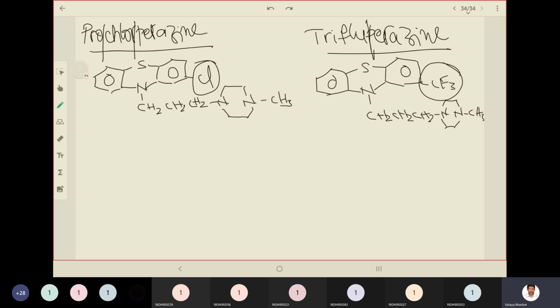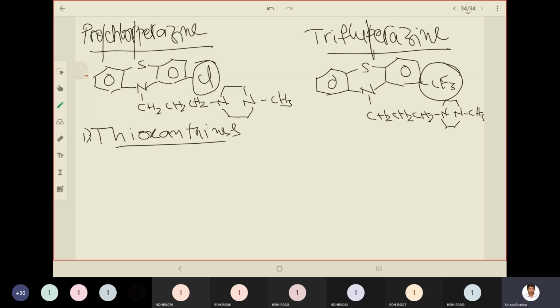So the next structure is thiothixene. So thiothixene comes under thioxanthenes, right? Thioxanthenes is the next category, second category.